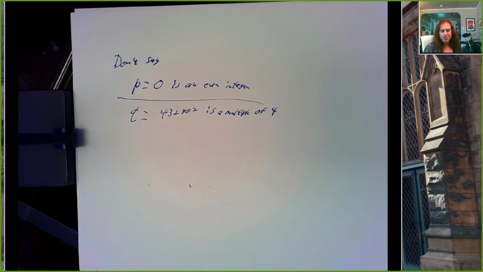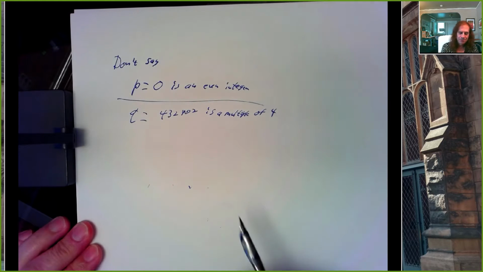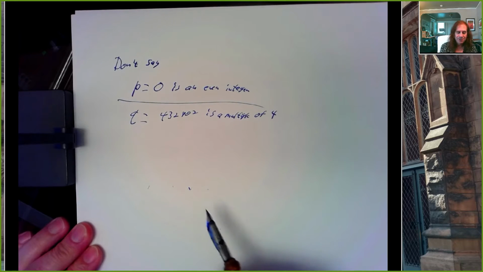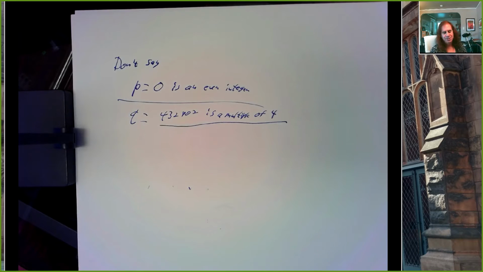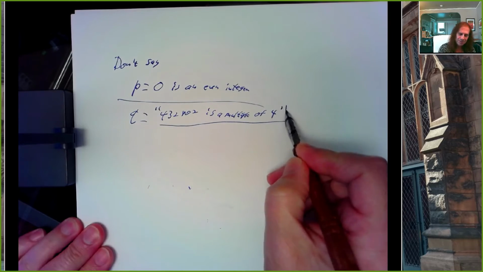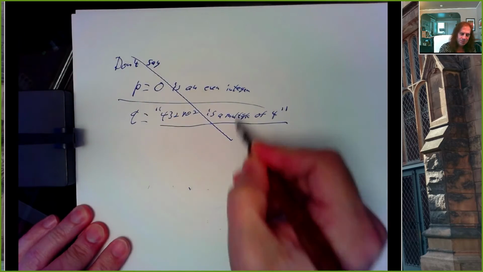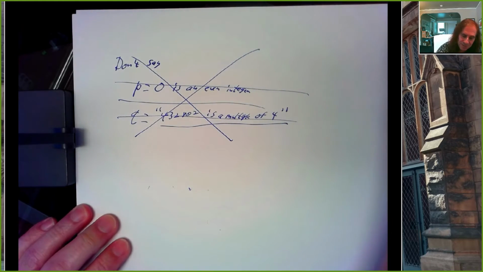This is ambiguous. The equal sign means something very specific, particularly when we talk about mathematics. It means this has the value of the thing on the right. So is Q equal to the number 432,802, which is a multiple of 4, or is Q a proposition? Is it equal to this collection of words? Maybe putting quotation marks around there helps a little, but just don't do this. I didn't take off points for it. I will take off points for it in the future, though.